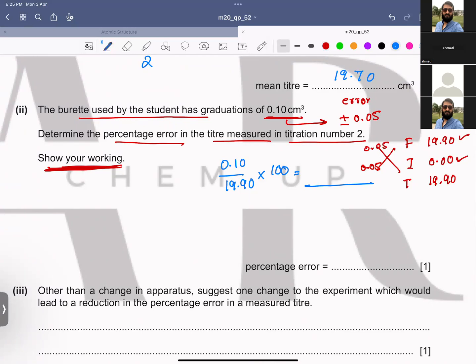So you have to show the error and multiply it by 2, because we have taken the reading from the burette twice. My error is 0.05 and I'm doing it twice, so I multiply by 2, divided by 19.90, multiplied by 100. Can anybody tell me the answer?